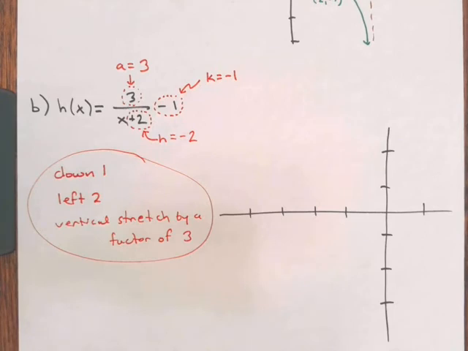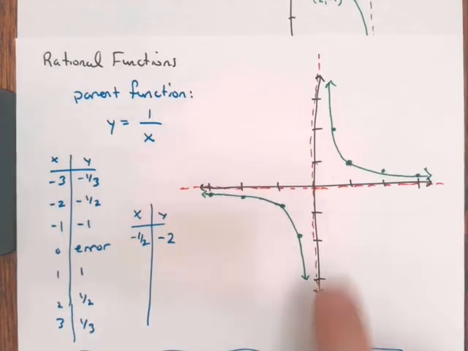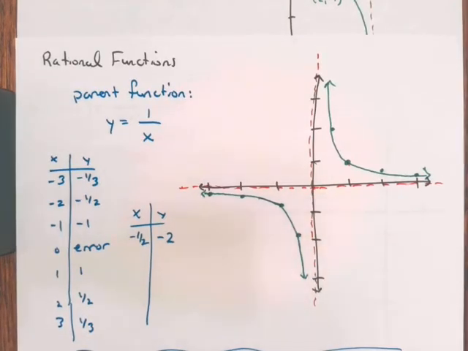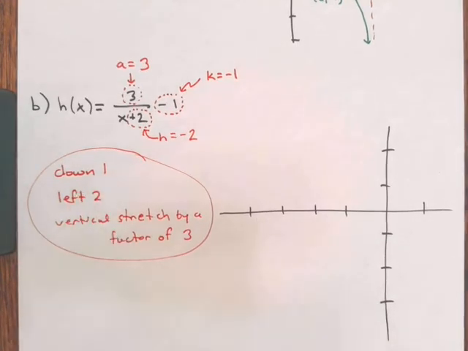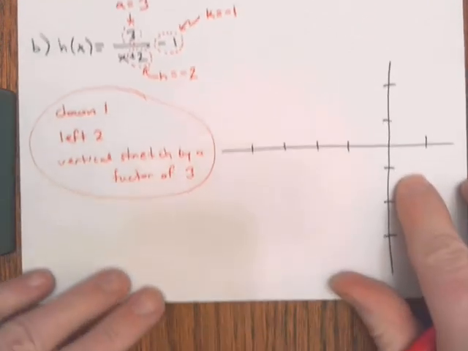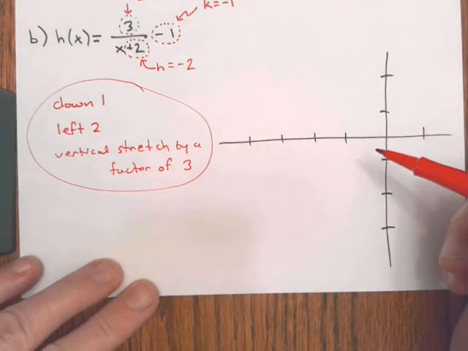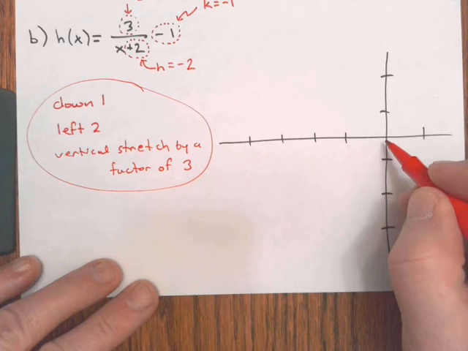So using the idea of the parent function has its horizontal and vertical asymptotes cross at the point 0, 0. And we have a shift down 1 and left 2. Or if you take a look at h,k, that would give you that value also.